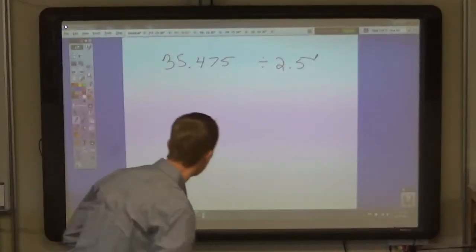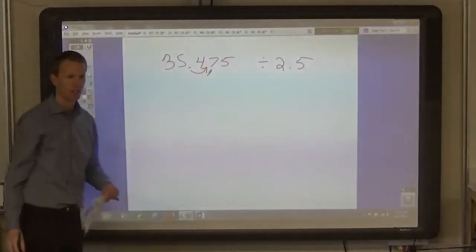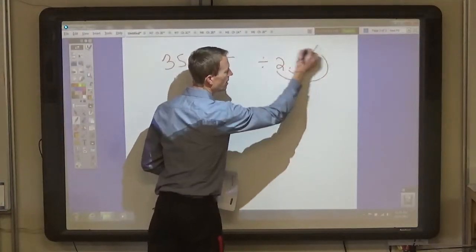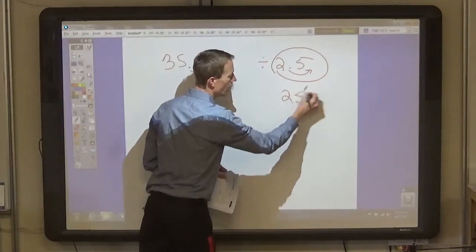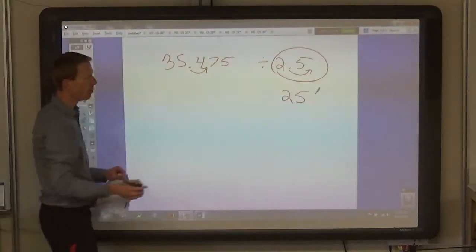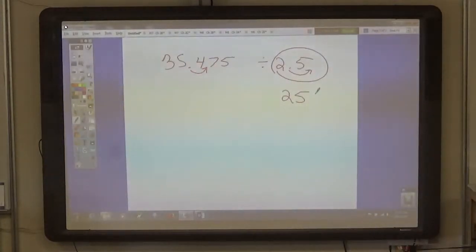Well, if you move the decimal place over in this number and in this number, so that this is now a whole number, what would the new dividend be? Good, 3547/500.